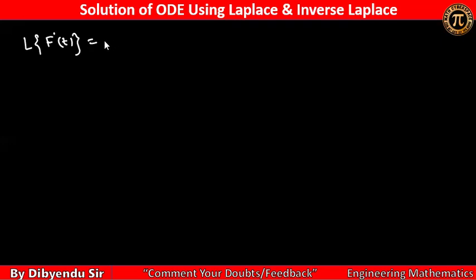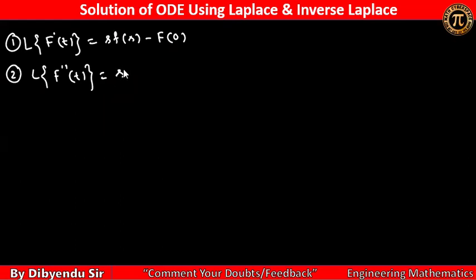Laplace of f dash t equals s F(s) minus f(0). And the second formula is Laplace of f double dash t, which equals s square F(s) minus s f(0) minus f dash(0).